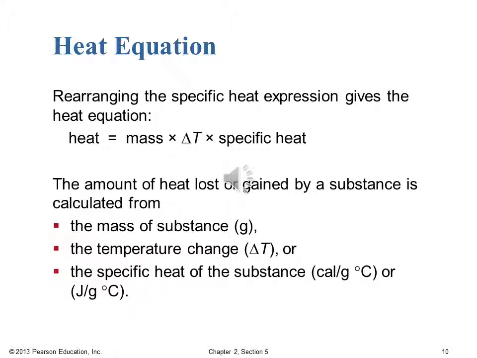So the amount of heat lost or gained by the substance is calculated by knowing those quantities. In this case, we know the mass, delta T, or at least the temperature starting and final, and the specific heat in either calories per gram degree Celsius or joules per gram degree Celsius, and we can therefore solve for the amount of heat that would be needed to cause that temperature change.